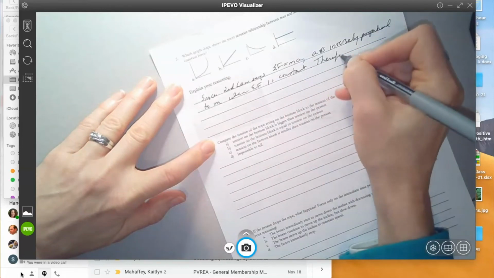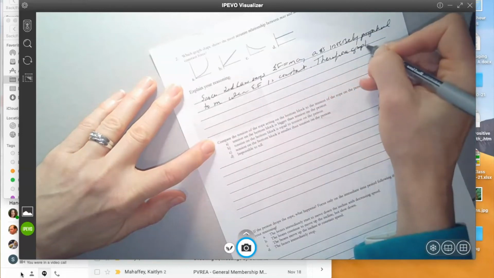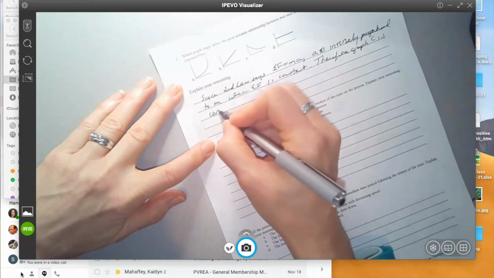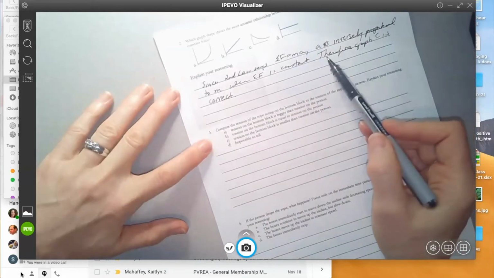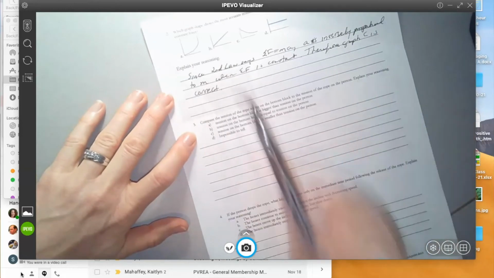Therefore, graph C is correct. All right, so you want to state Newton's second law, and then you want to talk about the graph sheet, okay?